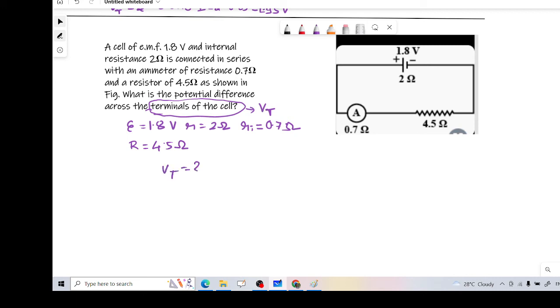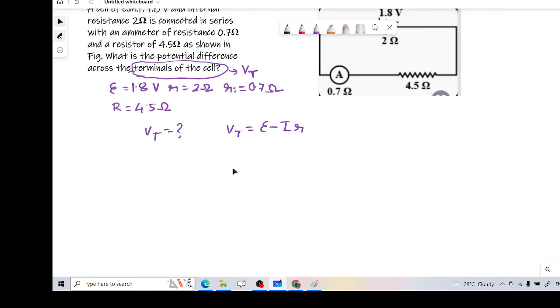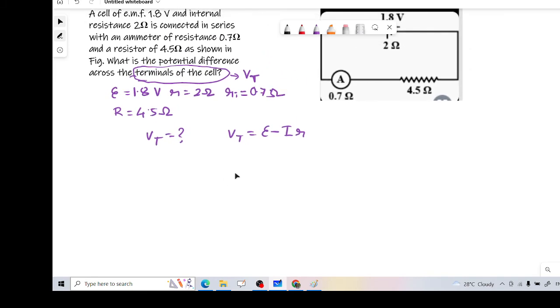is nothing but our Vt value. So we need to calculate Vt here also, and we have the formula Vt is equal to E minus Ir. So again we need to calculate the total current flowing in the circuit. To calculate that, we need to calculate the total resistance inside this circuit. So here there are three resistances: one is the internal resistance, one is the ammeter resistance, and one is the external resistance.